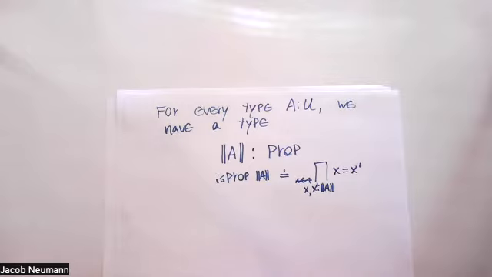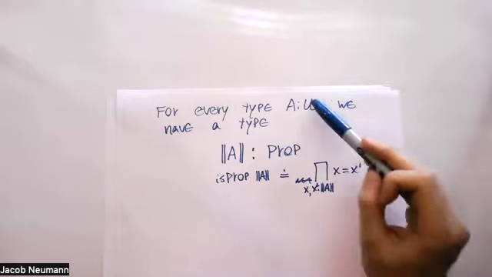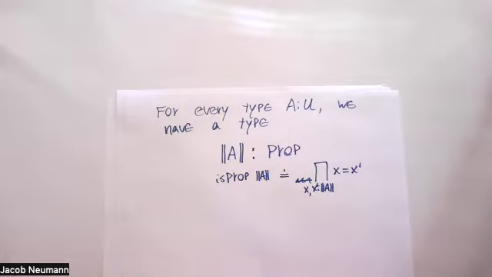And so not only do we want to be able to take any type and turn it into a proposition, we want this truncation to have some special properties.